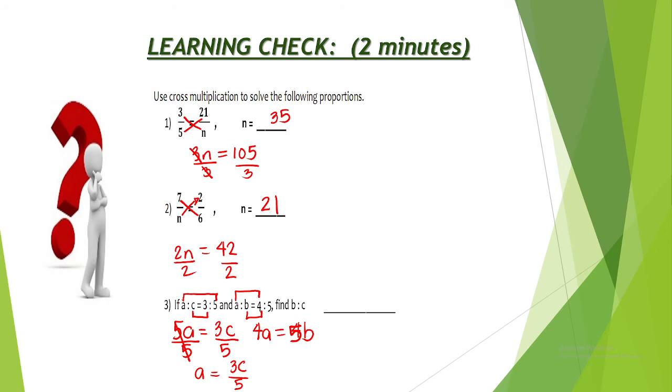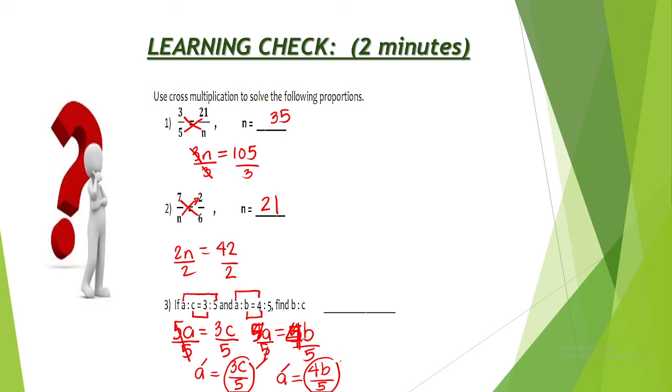Sir got confused. Okay, so it is correct. Divide this by 5 as well. So we now have a is equal to 4b over 5. So take note, a is equal to this, a is equal to this.